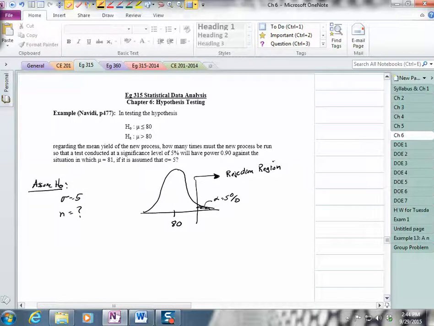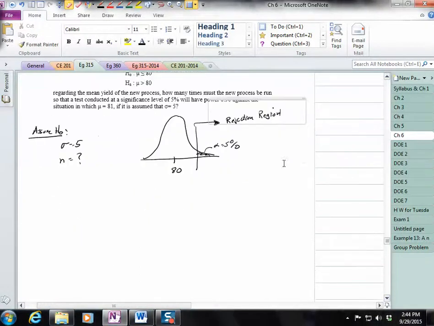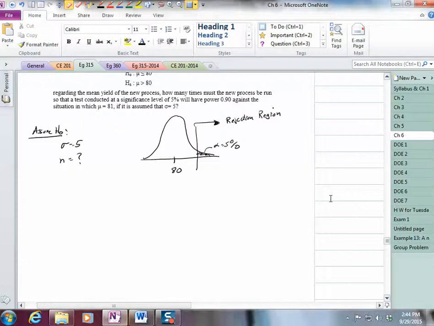So our hypothesis test looks like this. There's the rejection region, right? We have our null and alternative hypotheses given to us. We've got the rejection region based on alpha is 5%. The null hypothesis shows mu at 80.